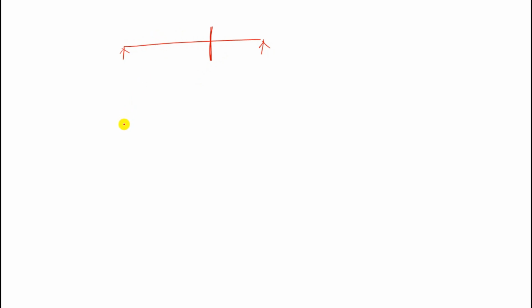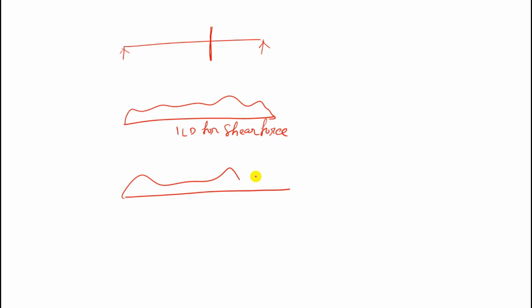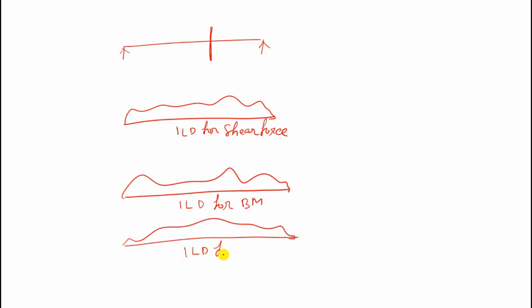So suppose this is the diagram for shear force, ILD for shear force, and this is the diagram ILD for bending moment, or say this is the diagram ILD for reaction A, or this is another diagram, ILD for reaction B. So there are four different figures.